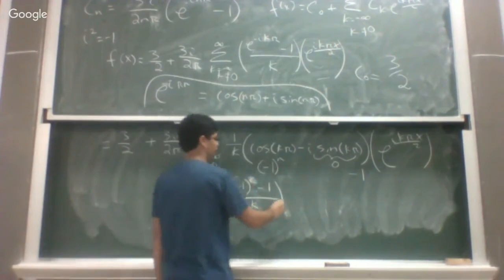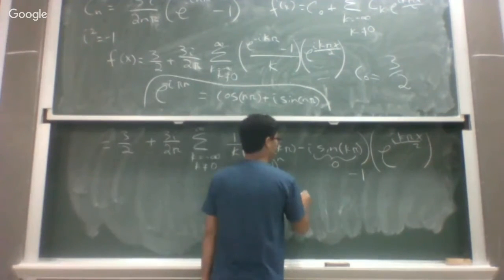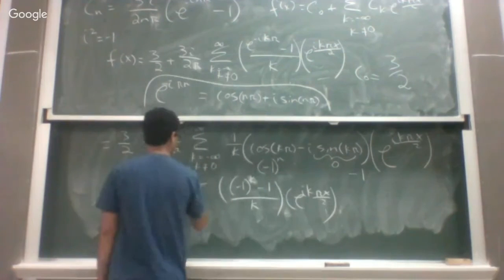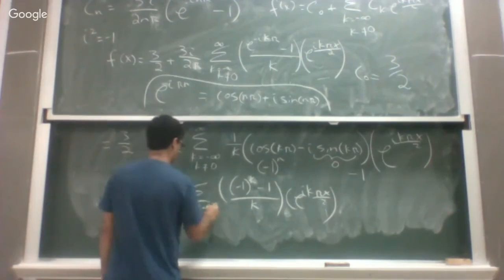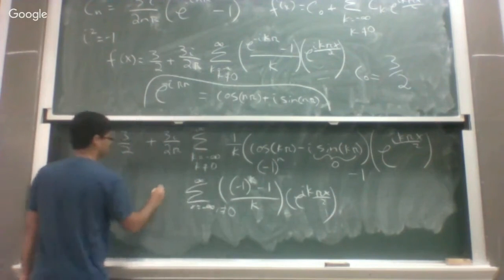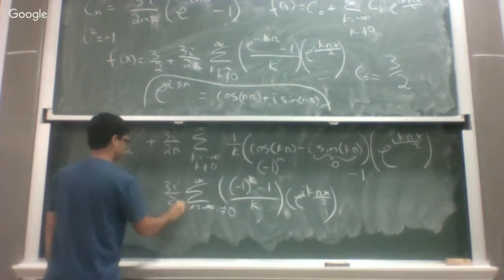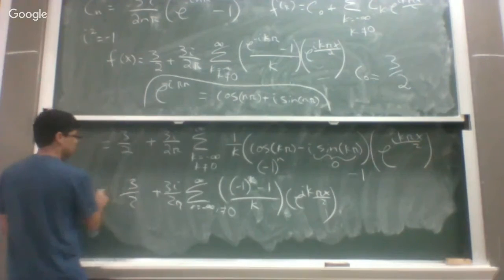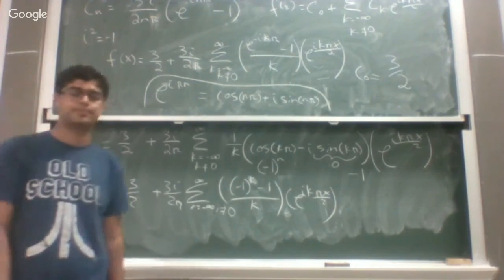And then we just rewrite everything, going from negative infinity to infinity, where k cannot equal 0. So this would be your answer.